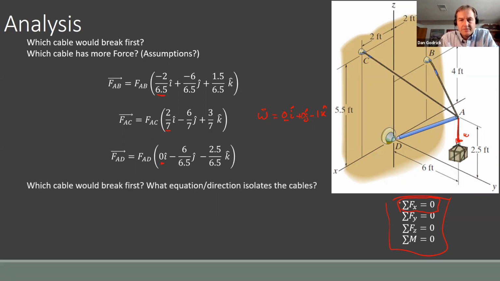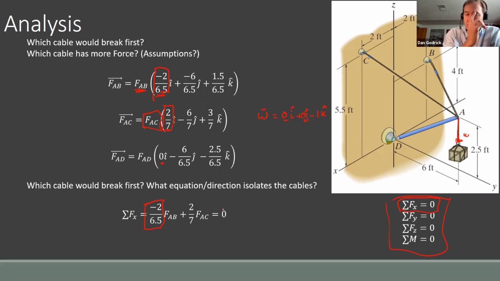All right, so what equation isolates the cables? That x direction. Only the cables act in the x direction. So sum of the forces in the x direction, it's minus 2 divided by 6.5 times the force FAB, the magnitude FAB. And then our component from FAC is 2 divided by 7 times FAC.